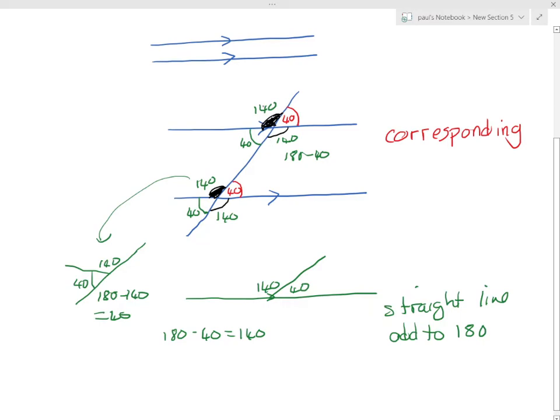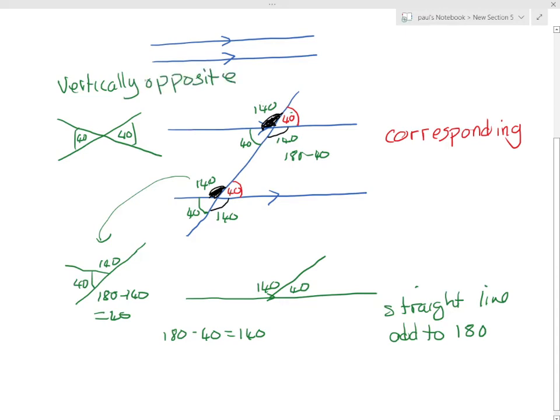Now, see, these opposite ones are the same. 140, 140, 40, 40. So that's 40, that's 40, and that is called vertically opposite.